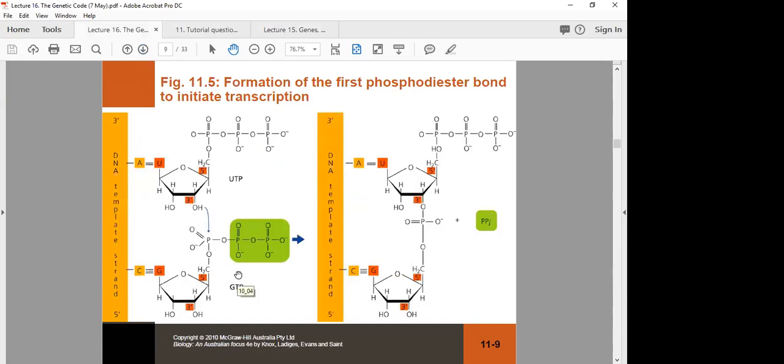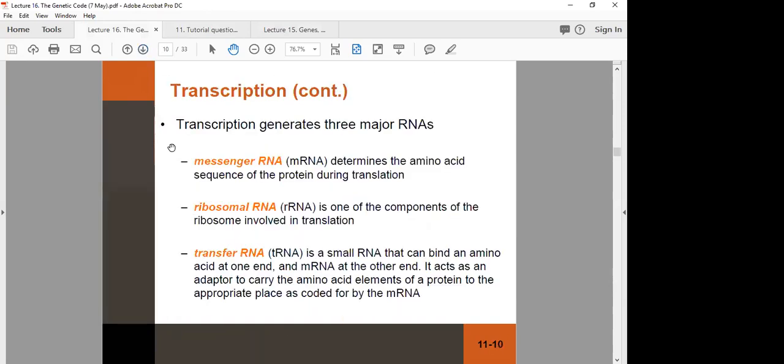In catalyzing the formation of this bond, these two phosphates are released, and here it is, finished product, phosphodiester bond, and release of the two phosphates, which you'll recognise probably from one of your pracs, PPi. All right, once again, you can skip that slide completely.